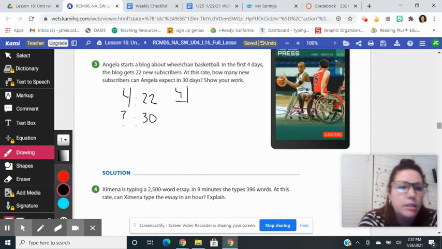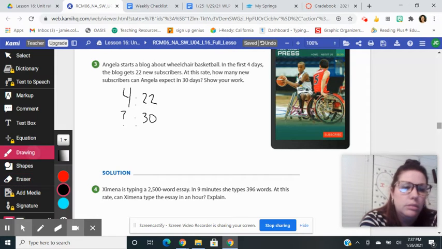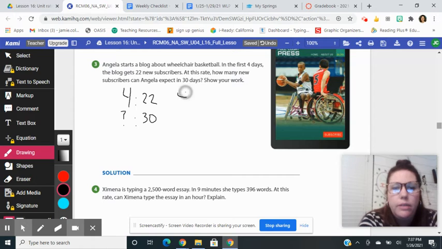Let me erase this. Here we go. So we're going to divide 4 into 22, which is going to go 5 times. And then we have 2 left over, but 4 won't go into 2, so I'm going to put in a decimal here and add a 0. And I'm going to bring it down.